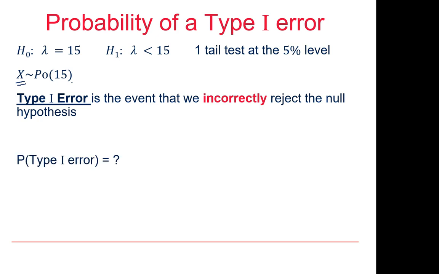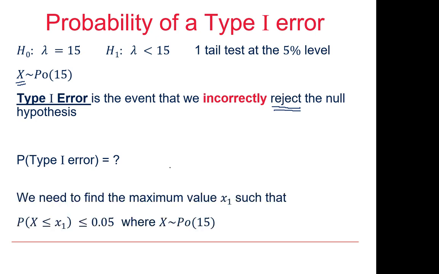You need to bear in mind that a type 1 error only happens when we reject the null hypothesis. So we need to sort out what range of values for x will lead to us rejecting, and which range will lead to us accepting the null hypothesis.